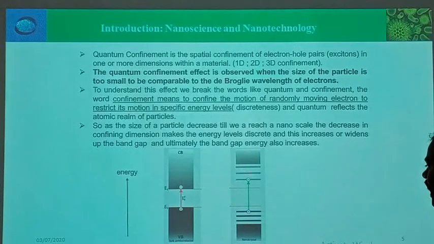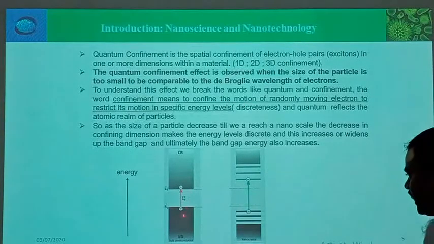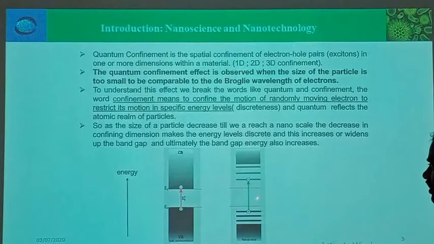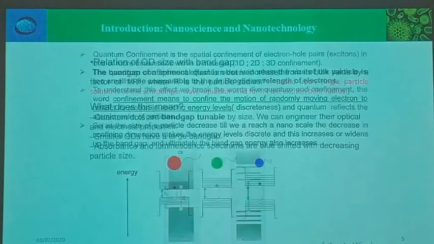And when you go to the nanometric scale, in the case of nanomaterials, you will find the energy level gets split into different discrete energy levels, and you observe here the band gap is increased at the nanometric scale.